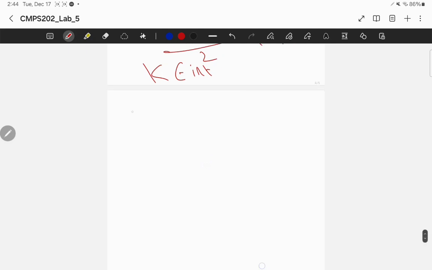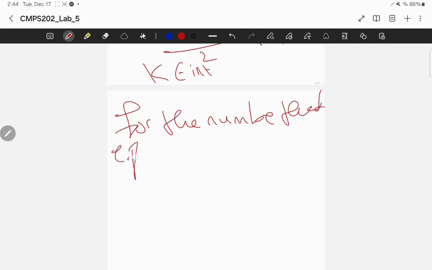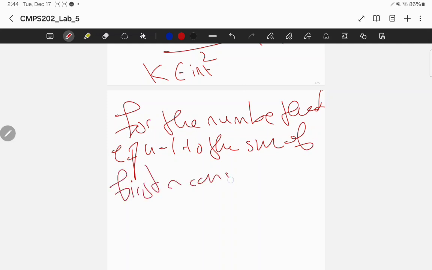What we'll be saying is, for the number that is equal to the sum of the first n consecutive numbers, this number is equal to what?